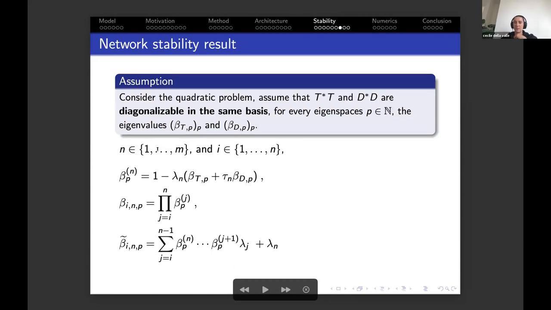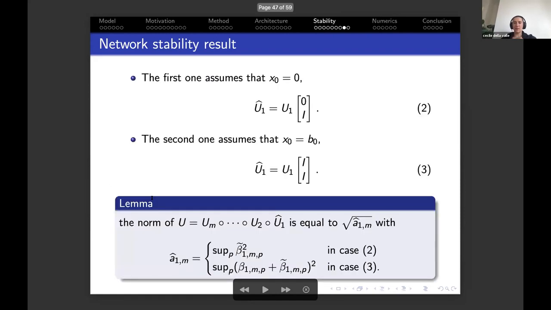I just show you the computation, but I will not detail it. We can define and compute exactly those two terms. And then thanks to those two terms, I can define the norm of U, which would be like this.